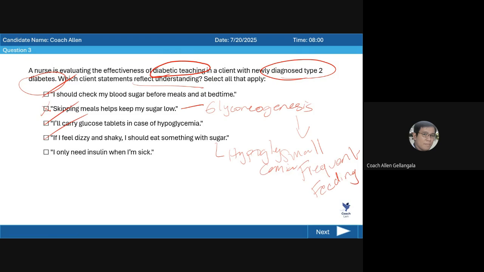Okay, now let's see. You only need insulin when you're sick. You only need insulin when you have a hyperglycemic state? No. Is it good? No. You need to take it as prescribed.